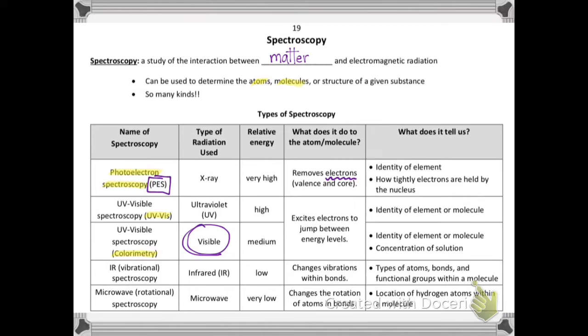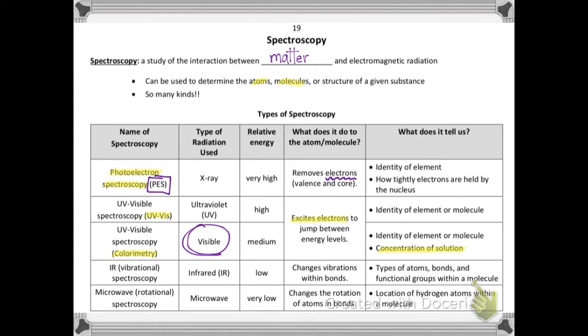So in either using ultraviolet or visible light, you're basically exciting electrons. If you provide enough energy, they jump out of their ground state to a higher energy level. When they fall back, or just from the energy absorbed, you can identify what you have, or even you can identify the concentration of a solution.